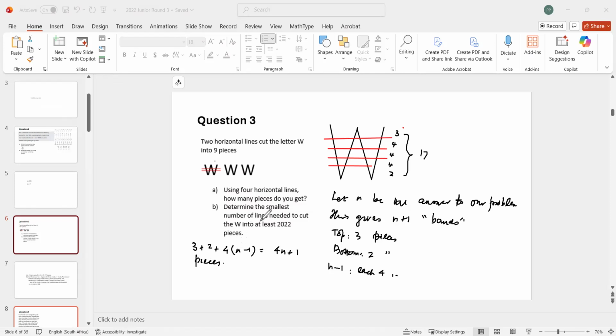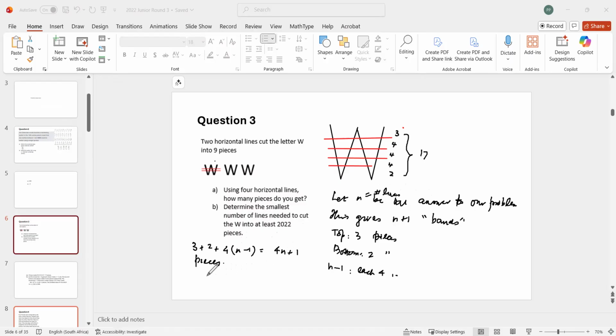Now n is the number of lines, to cut at least 2022 pieces. So you got 4n plus 1.